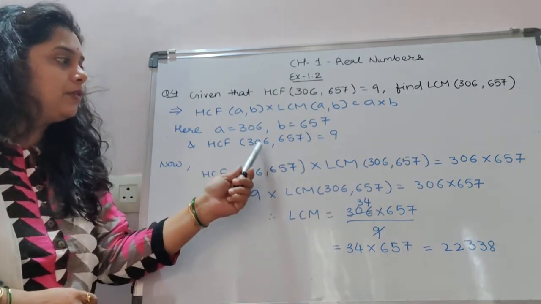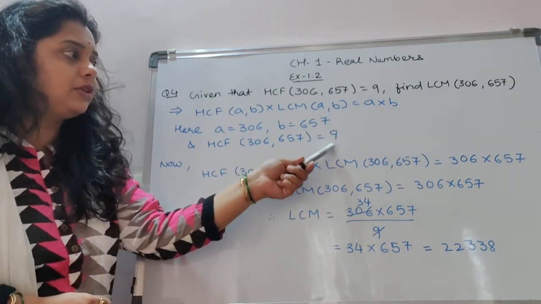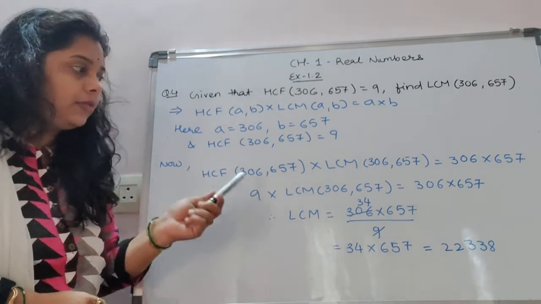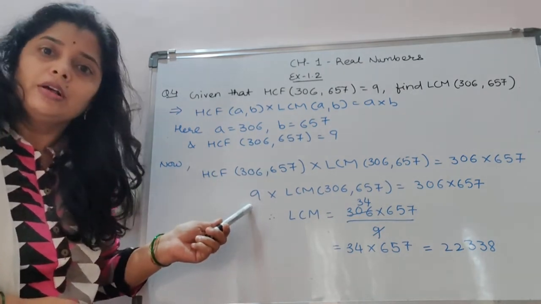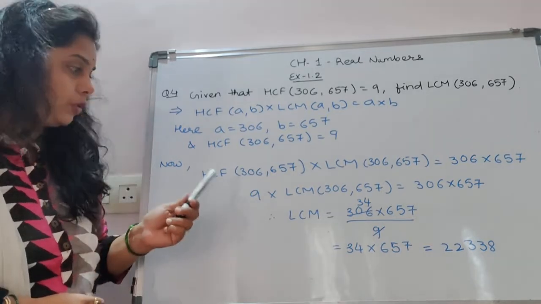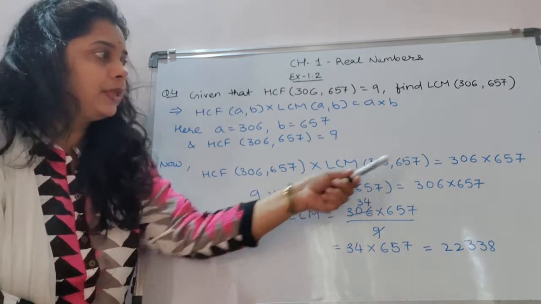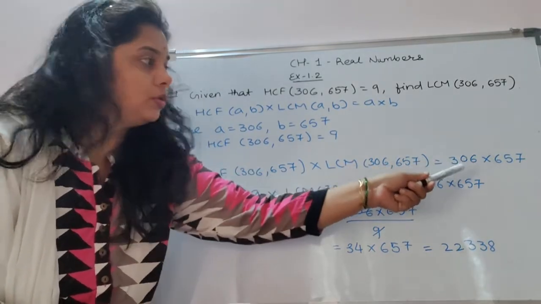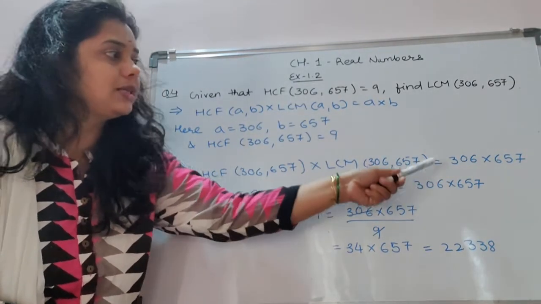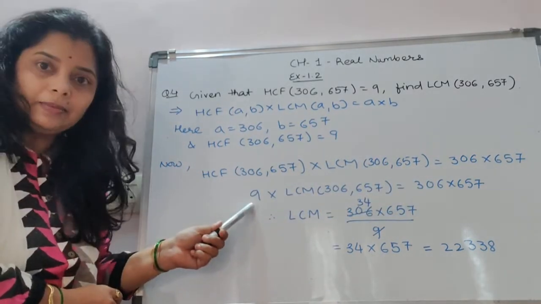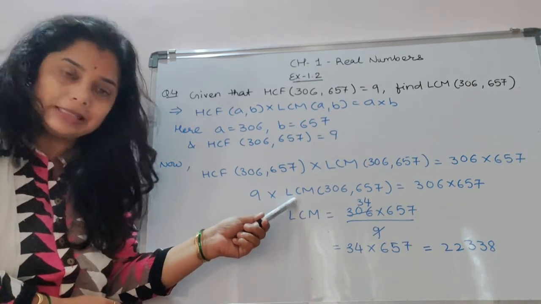HCF of 306 and 657 is equal to 9. First write the formula and then substitute all the values to find the LCM. HCF multiplied by LCM is equal to the product of those two numbers, 306 and 657. HCF is already given, it is 9. They are asking us to find the LCM.